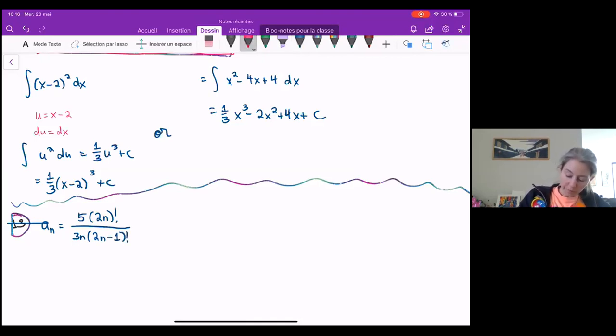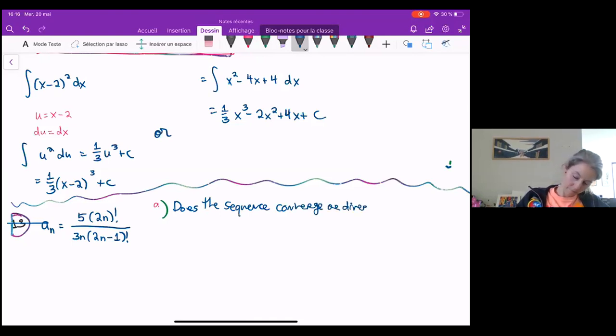And the first question is, does the sequence converge or diverge? And the second question is, does the series converge?